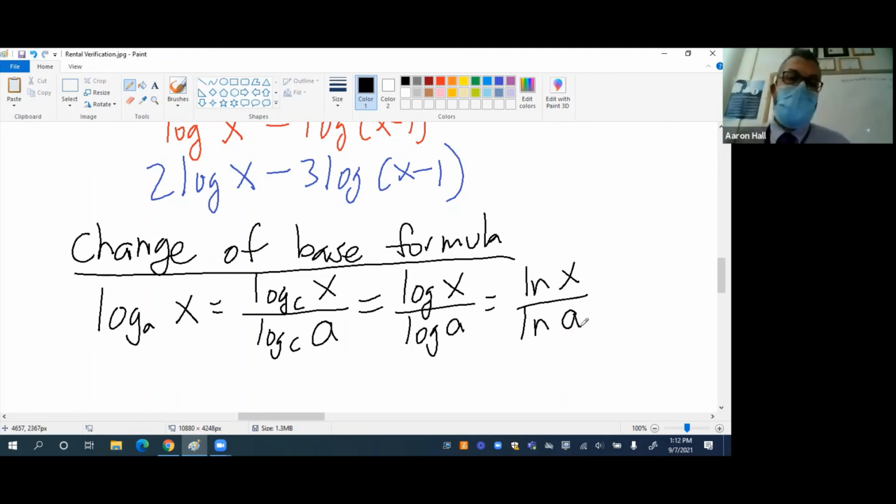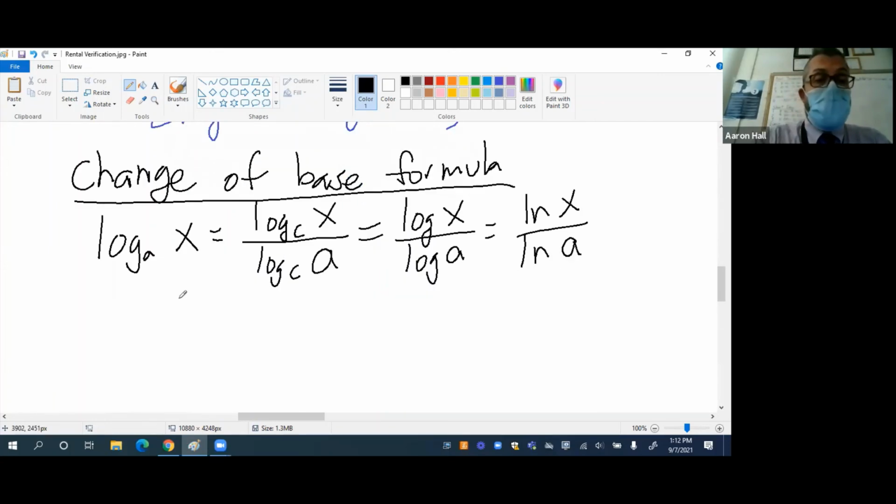So you had to use the change of base formula to figure out anything that was not ln or base 10. It's called change of base formula. So if I wanted to know log base 2 of 5, and your calculator doesn't have a log base 2, we would have to use a change of base formula. So I'd have to rewrite this how?